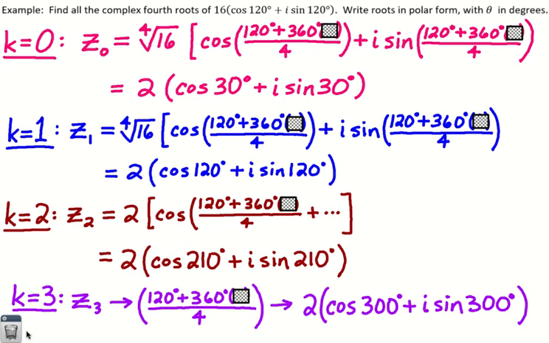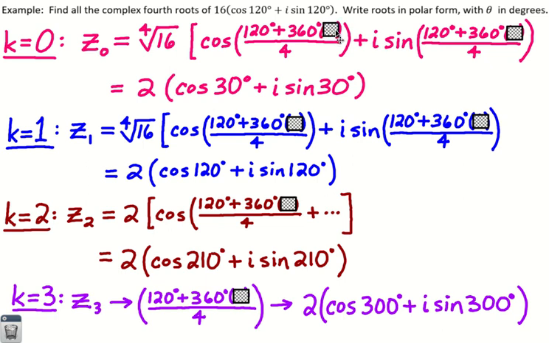So 4 total roots, 0 through 3. Each time we do this formula, we're going to be plugging in 4 for n, so right here and right here and right here, 16 in for r, and 120 in for theta. But each time we do this formula, we're going to be plugging in a different value for k.